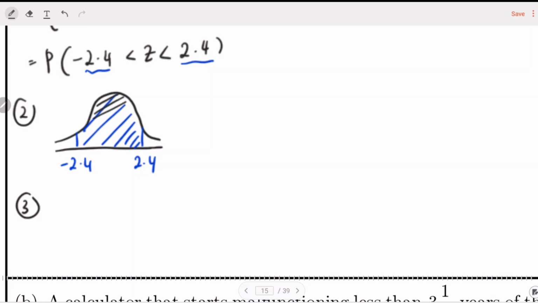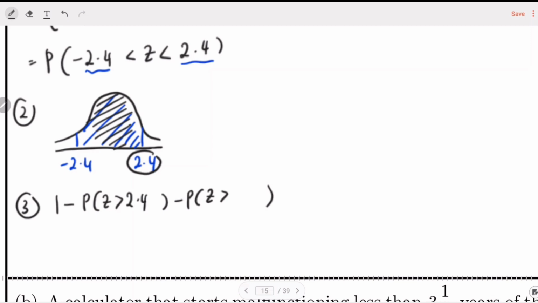Since we shade the middle part of our bell shape, we need to put 1 minus. And since we have two values of Z, we need to subtract 2 probabilities here. The first one minus with 2.4, and then the second one also 2.4. Or we can just simply write it as 2 multiplied by probability Z greater than 2.4.